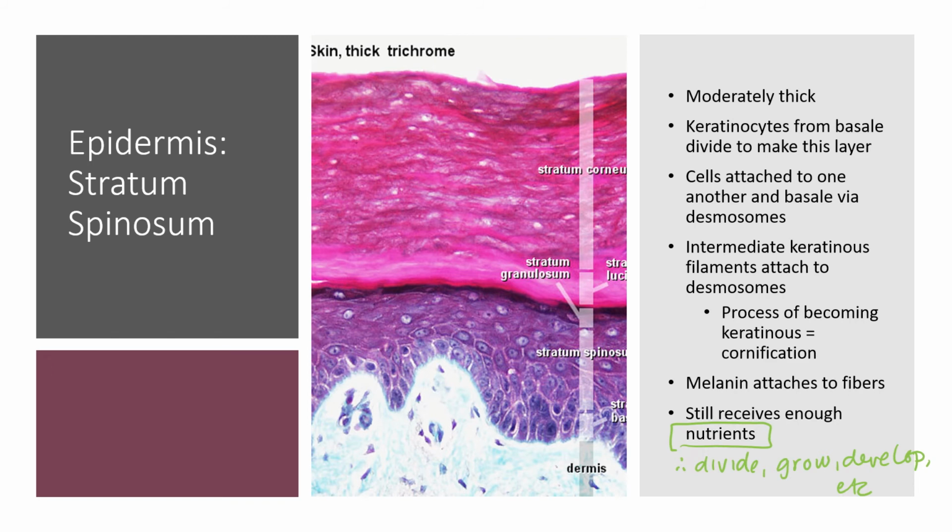There's going to come a point where your skin cells are completely divorced from your bloodstream. They can't get oxygen from it, can't dump off waste, can't get nutrients from it, and they're just going to be dead as doornails. But in the meantime, in the stratum spinosum, you're still close enough that you can still access the bloodstream.